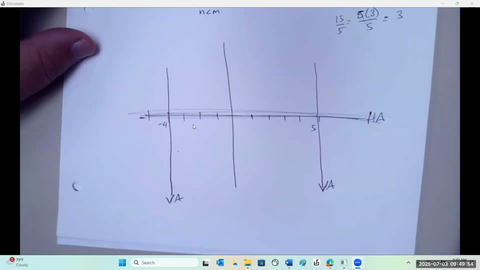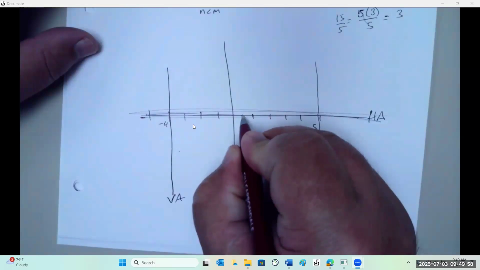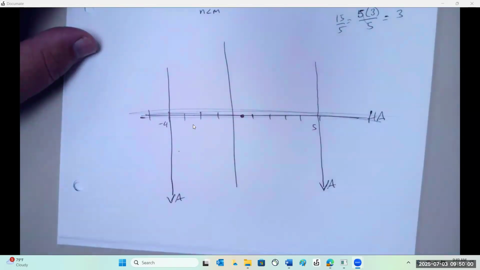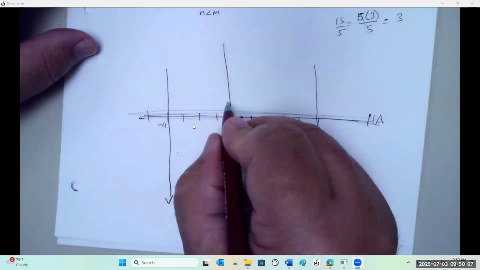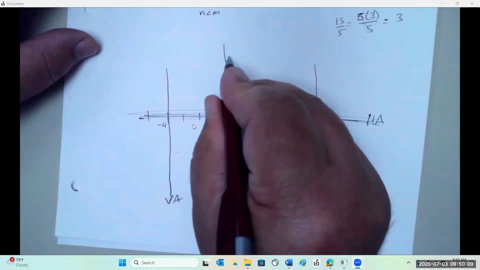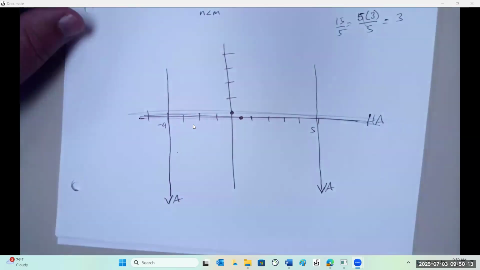Our x-intercept is at 1/2. Our y-intercept is at 7/20, which is very far down here.